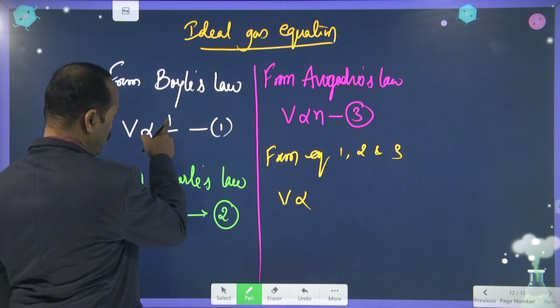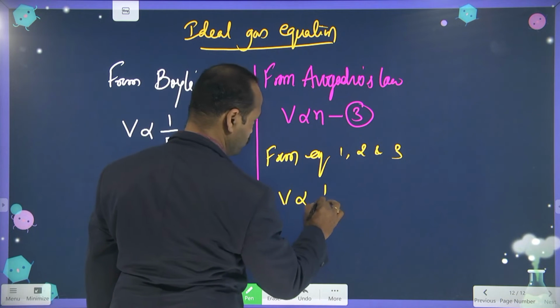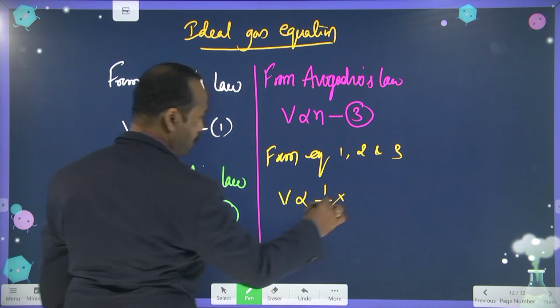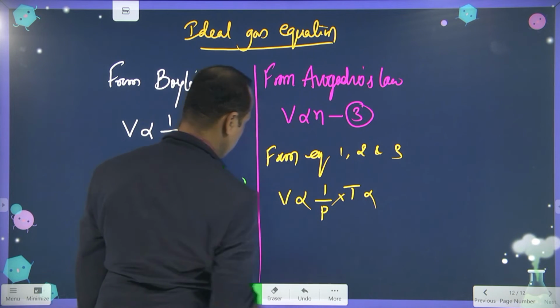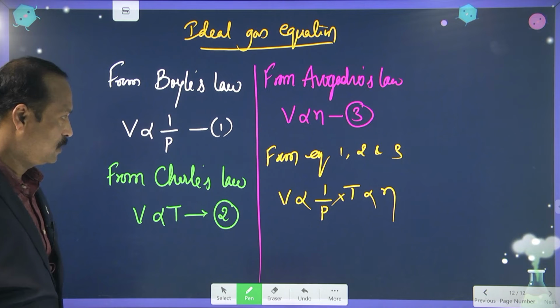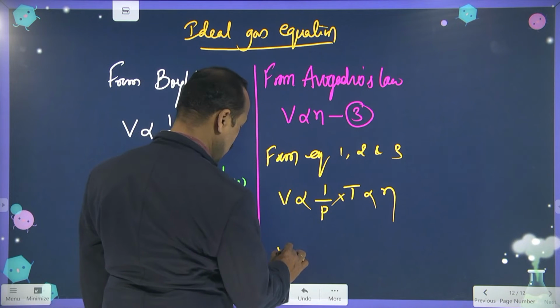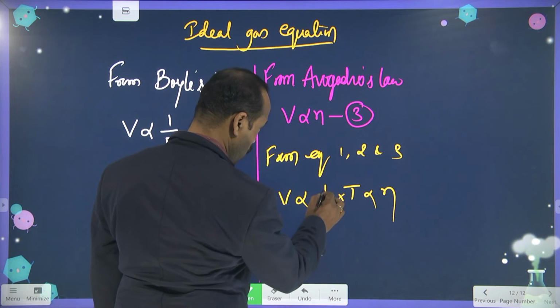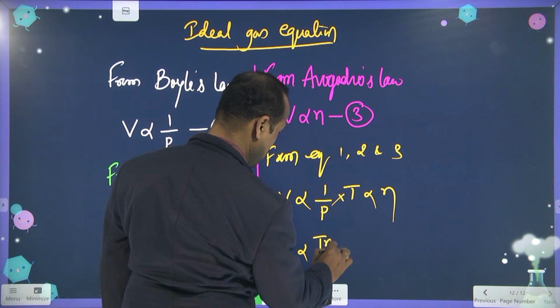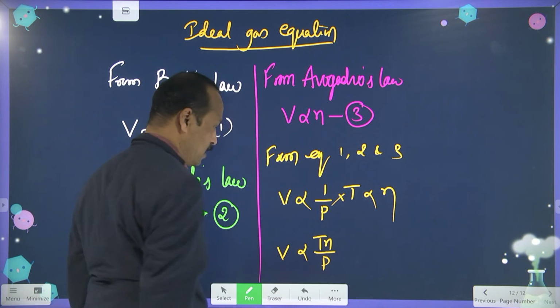First equation what we have? 1 by P. Second equation what we have? T. Third equation what we have? N. Is this clear to you? Now V is proportional to 1 into T into N, so it becomes TN by P. Clear?